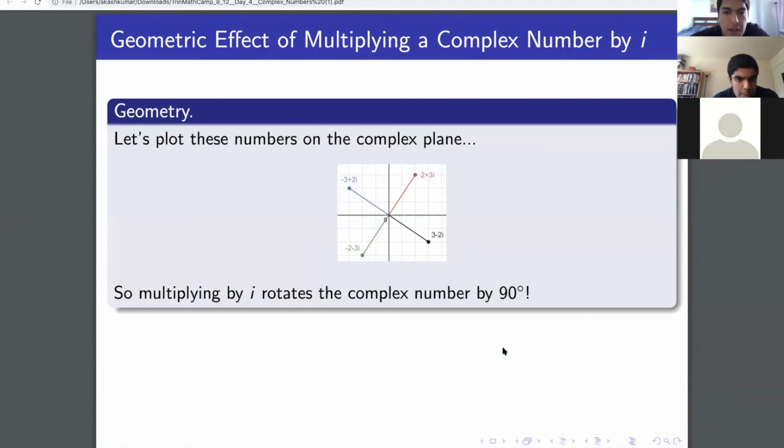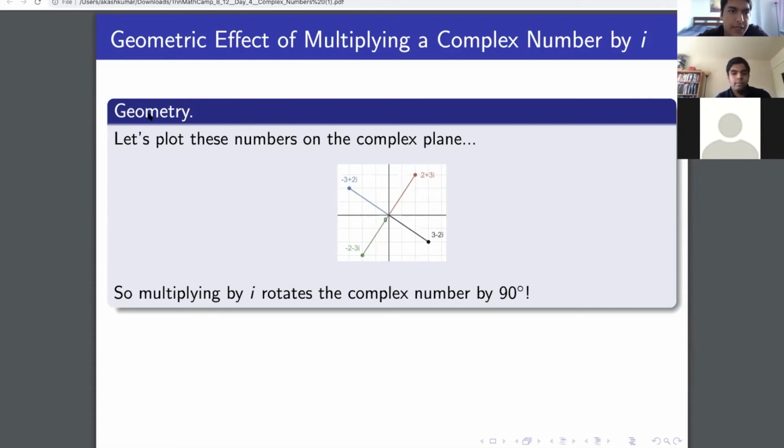So if you put them on the complex plane, you have 2 plus 3i there, right? Because 1, 2, and 1, 2, 3. Then you have negative 3 plus 2i, because you go 1, negative 1, negative 2, negative 3. And the plus 2i is 1, 2. And then same logic for these other two complex numbers. And then what you can see is that every time you multiply by i, you're actually rotating by 90 degrees.